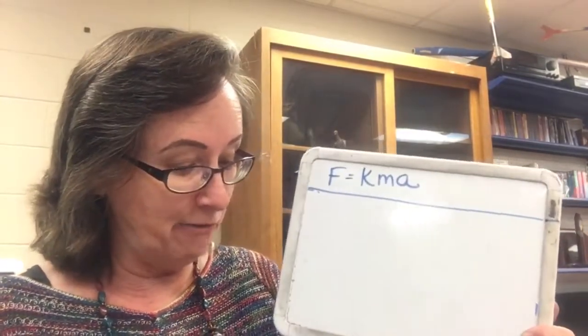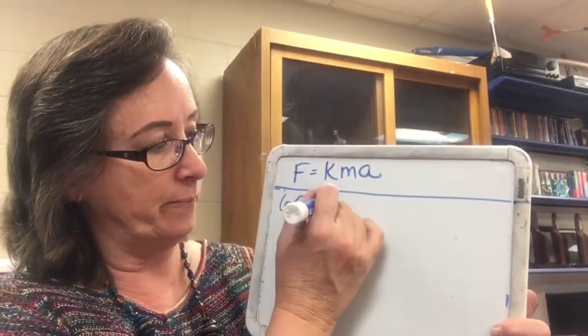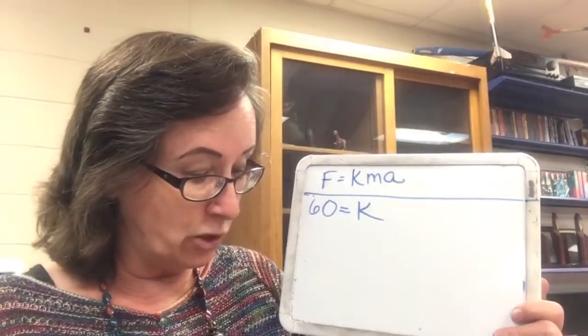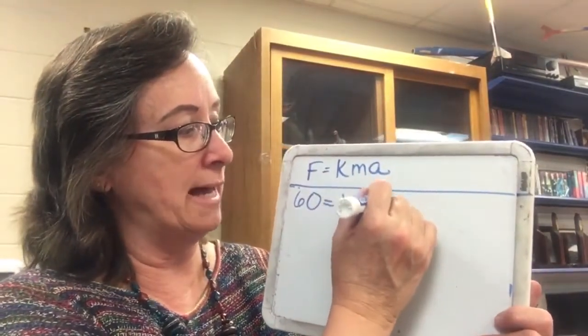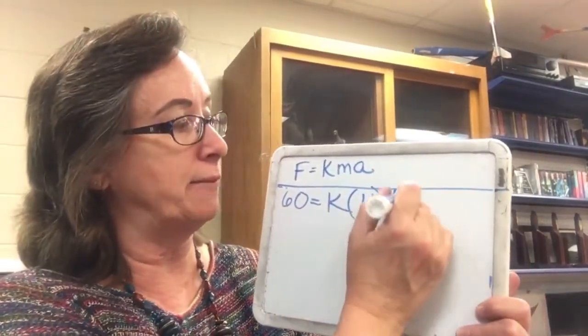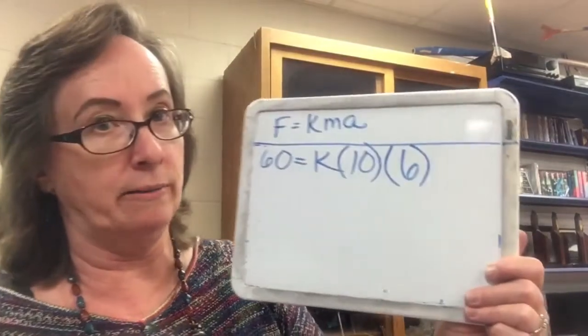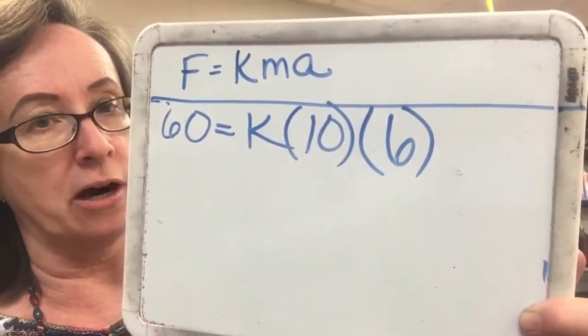So they say if a 60 Newton force, so the force is 60, is exerted on an object of mass 10 kilograms, so the mass is 10 kilograms, and an acceleration of 6 meters per second squared, then can we solve for our k?